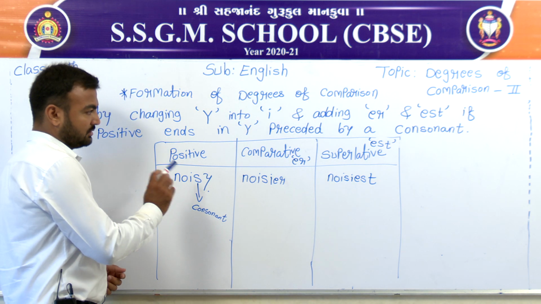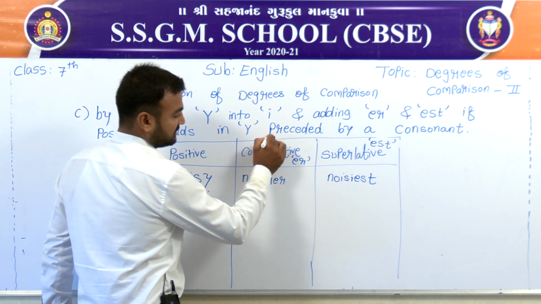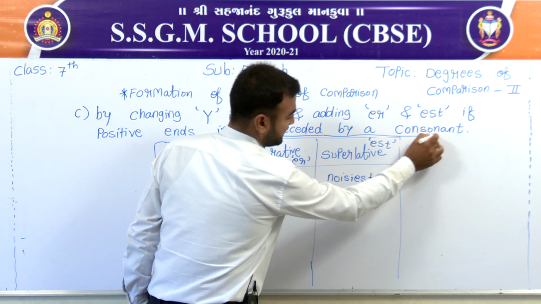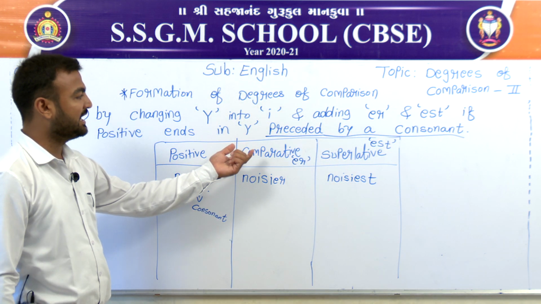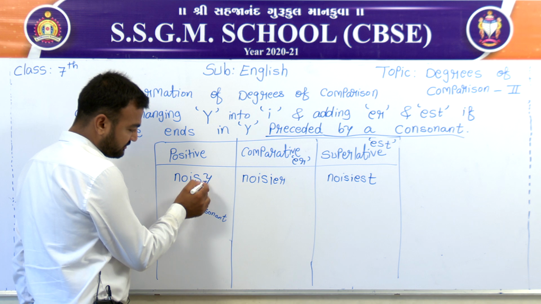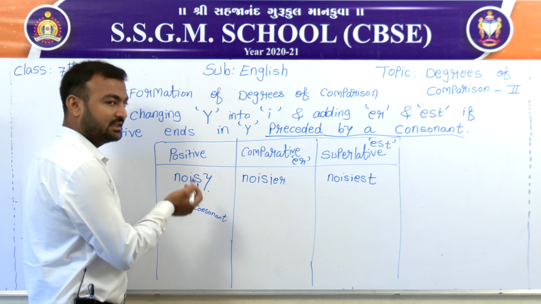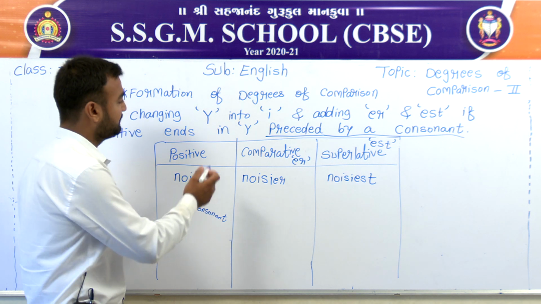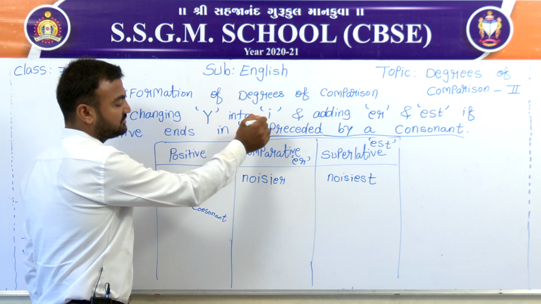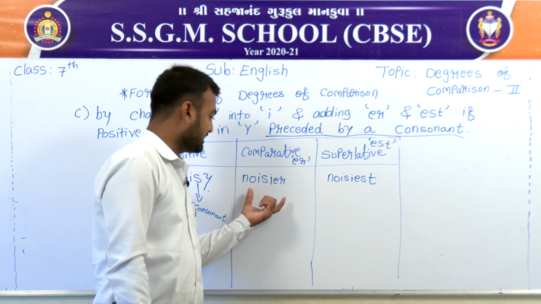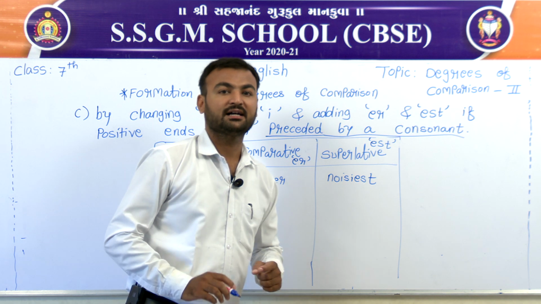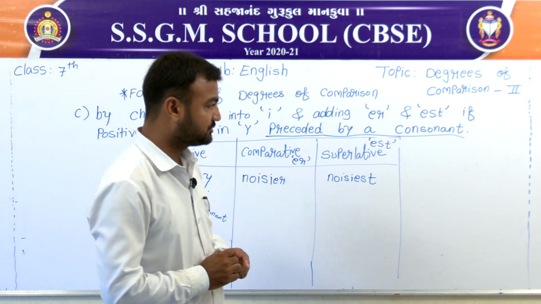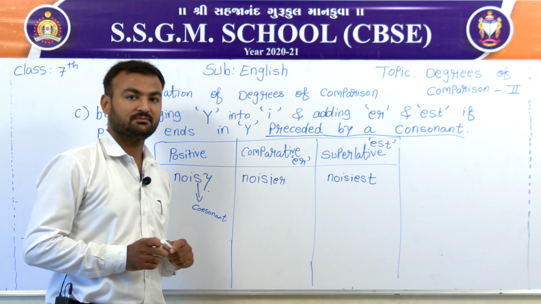This is the main thing to keep in mind: if y is preceded by a consonant, yes, it is there, then we change y into I and we get this result, otherwise we may get confused. So students, please keep this in mind.